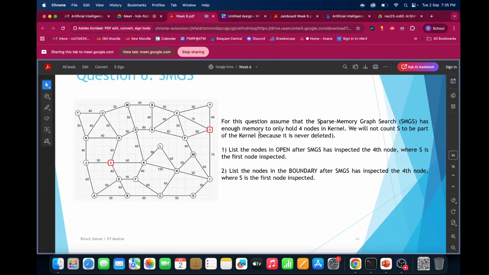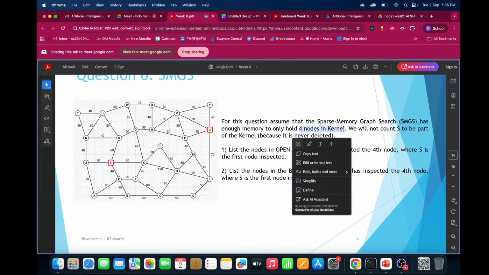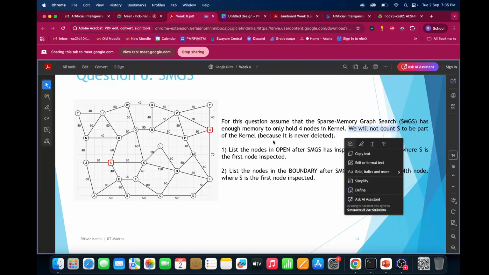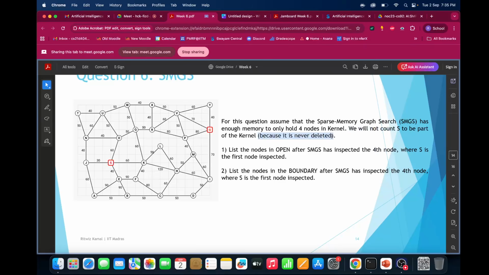So let's say that we have enough memory to only hold 4 nodes in the kernel. So the size of the kernel is 4. We will always assume that S, the start node, will not be part of the kernel because it is never deleted. We never want to delete the start node, even though it has all neighbors.